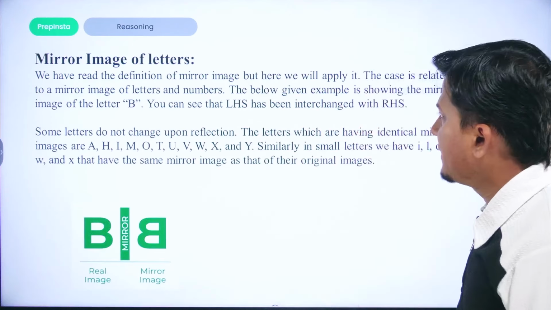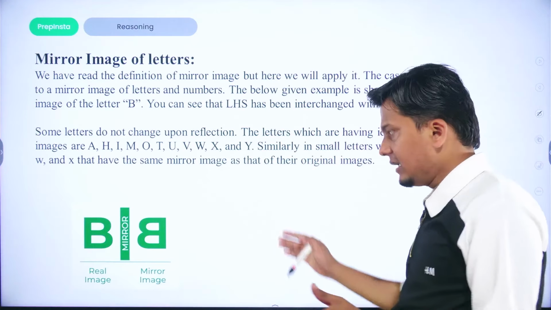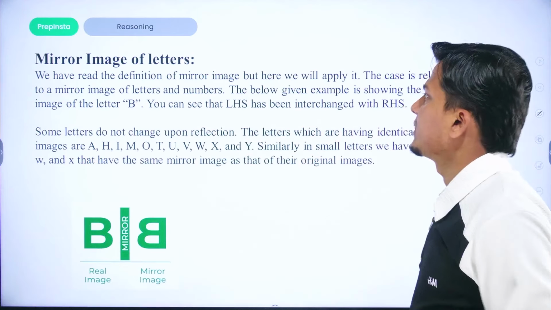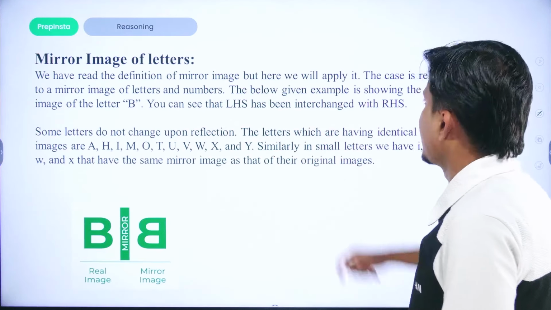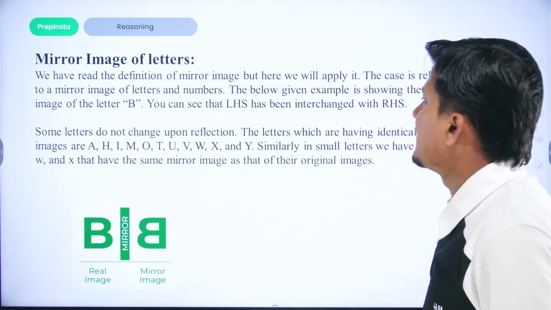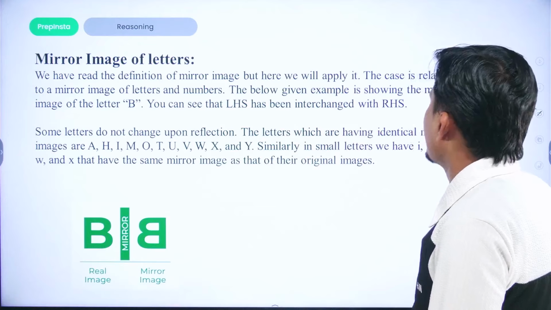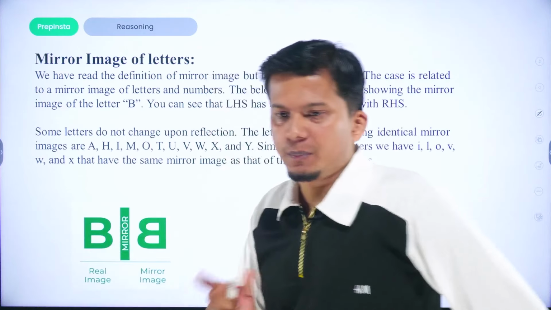Now with examples we will study the further applications seen in mirror based images. Mirror image of letters: we have read the definition of mirror image, but now we will apply it. The case is related to the mirror image of letters and numbers. The below given example is showing the mirror image of the letter B. So suppose we have a letter B, right?